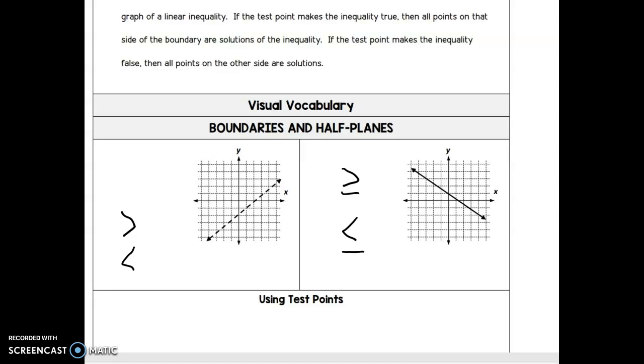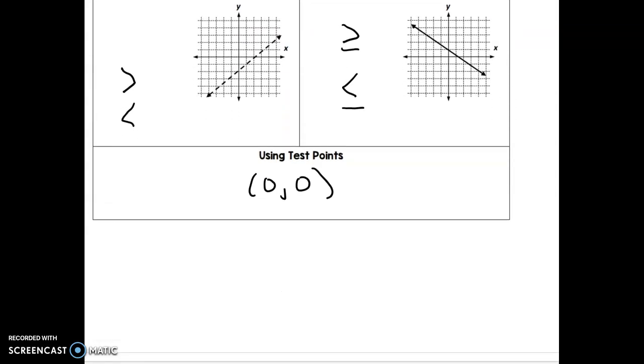And then this test point here, typically you should use 0, 0 unless 0, 0 goes through that line. Your test point is a point that is to the right of your line or at the bottom of your line. So really it could be any point whatsoever, and you want to see if that statement's true. And if I've lost you, I can promise you, let's look at an example and you're going to understand. Okay, so that's what you fill in there.